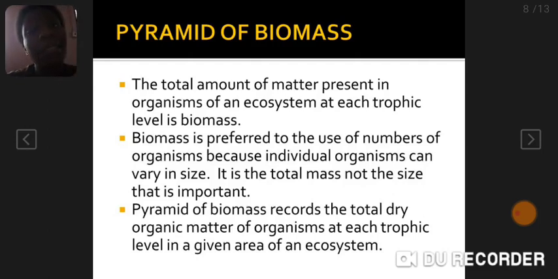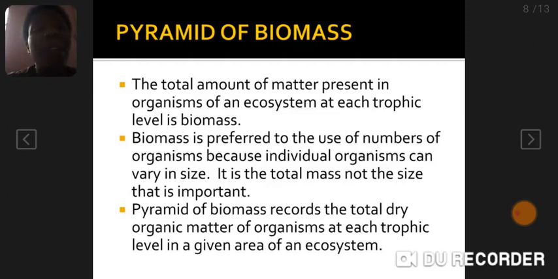Remember the definition of matter: anything that has what? Mass and occupies space. So if you are quantifying the amount of matter in a living organism, that quantity will constitute the biomass.